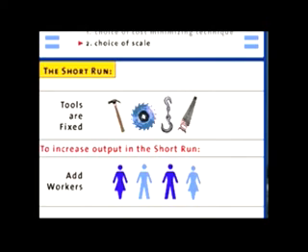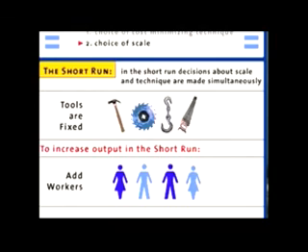That is, we're using more labor per unit of capital. So they're also choosing scale, the size of their operation, at the same time as they're choosing the technique of production. 3 workers and 1 tool may be the only option that's available to the firm for increasing their output in the short run. The firm is simultaneously choosing the technique of production and the size of their operation.